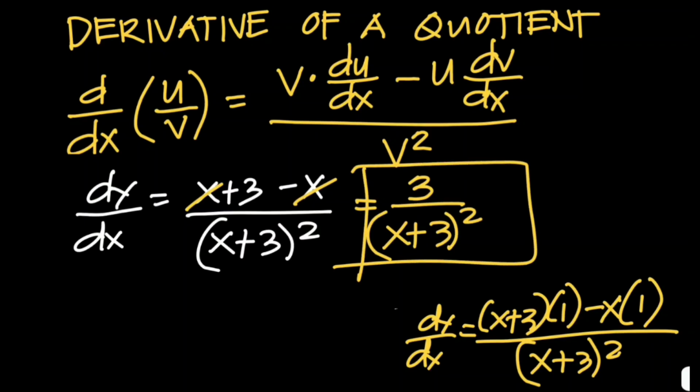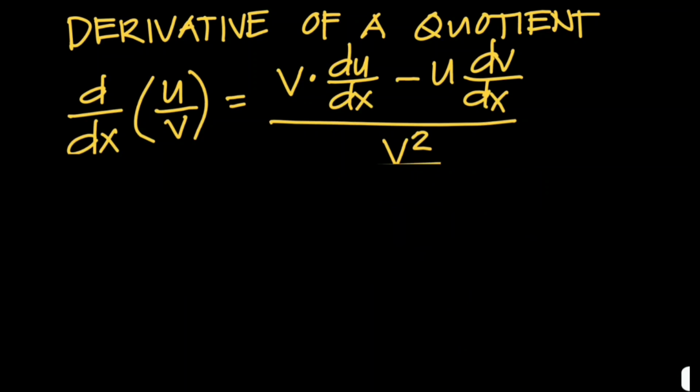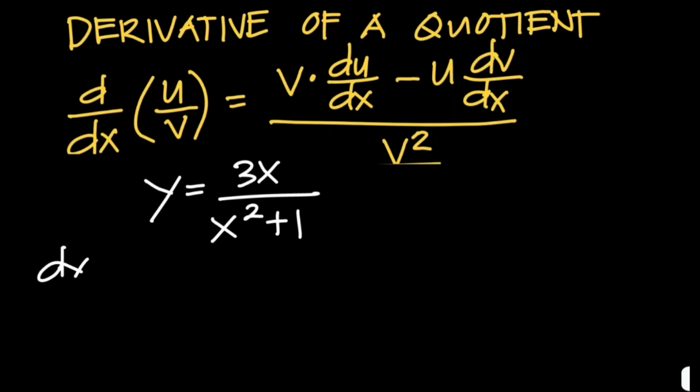Therefore, the derivative of the given function x over x plus 3 is equal to 3 over x plus 3 squared. But if we're given this function y equals 3x over x squared plus 1, and then we get the derivative of y with respect to x.